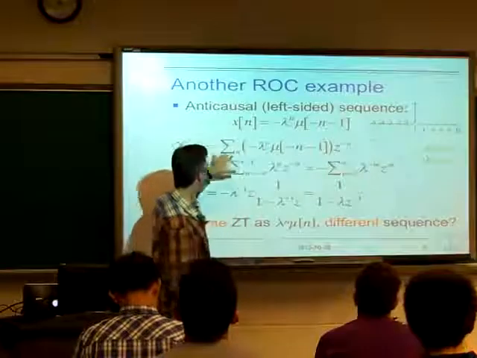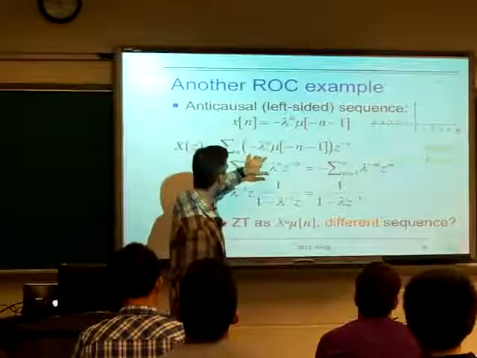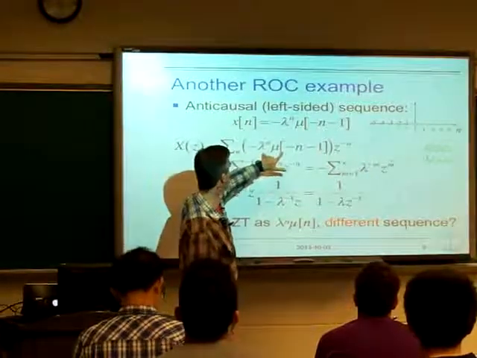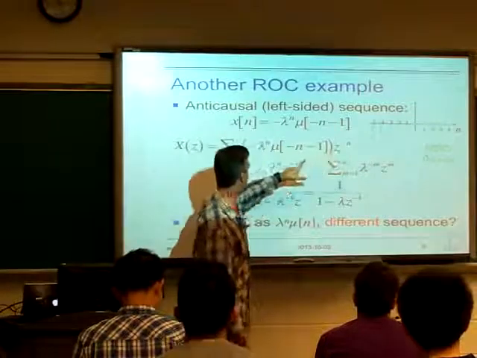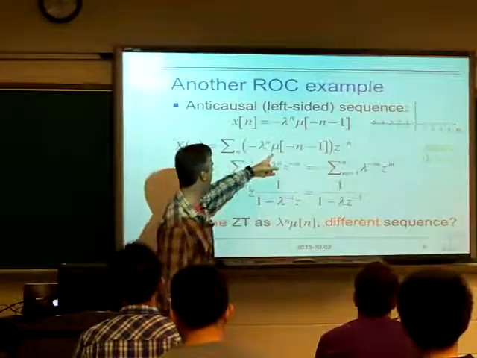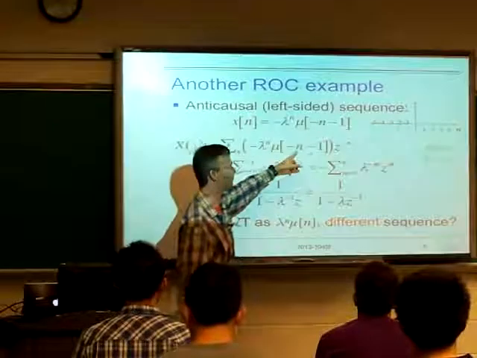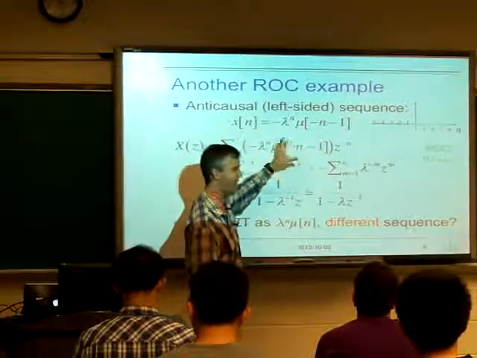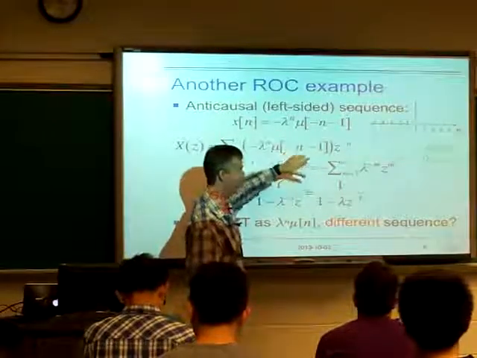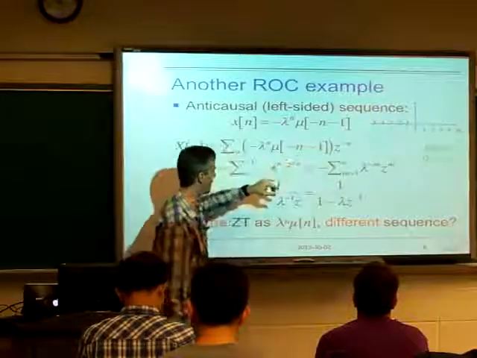Now, if you plug that into the Z transform here, here's my x of n, here's my z to the minus n. I can take this mu of minus n minus 1. It's not totally obvious that's a left-sided step function, but if you evaluate it for different values of n, you'll see that it works.